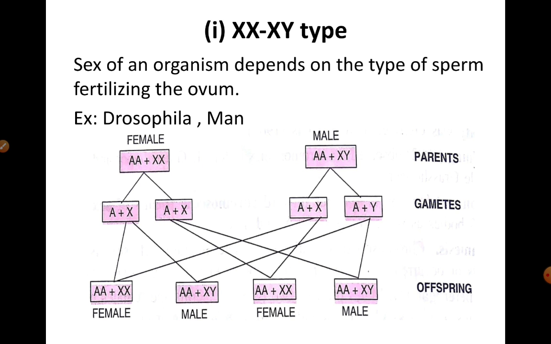As the 2 types of sperms are produced in equal proportions, there are equal chances of getting a male or a female child in a particular mating. And this Y chromosome determines the male sex of the individual, and hence it's called the androsome. So this is how the XX and XY type of sex determination occurs.